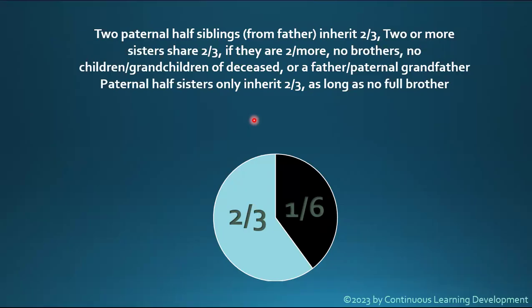With no brothers, no children or grandchildren of the deceased, and no father or paternal grandfather, a paternal half sister only inherits two-thirds, as long as there is no full brother. So if there are two or more half sisters, and no other brothers, children, grandchildren, father or paternal grandfather of the deceased, paternal half sisters only inherit two-thirds as long as there is no full brother.